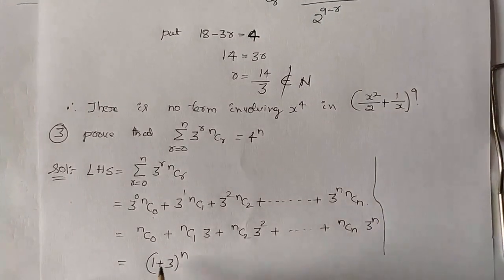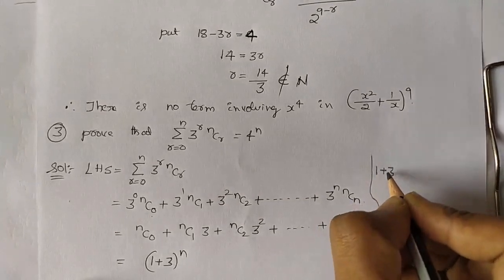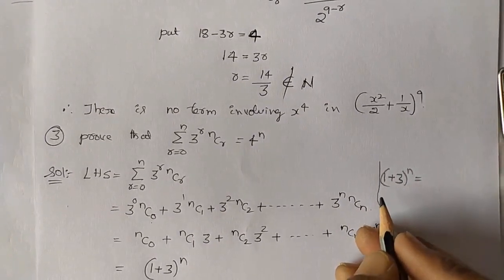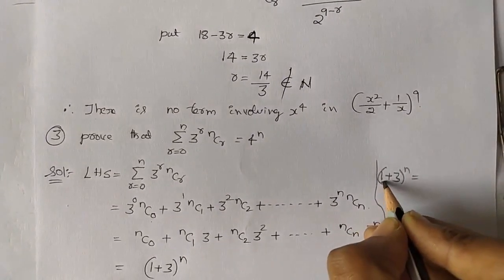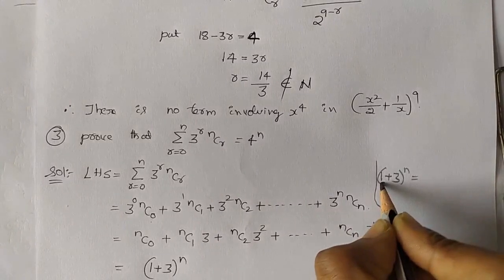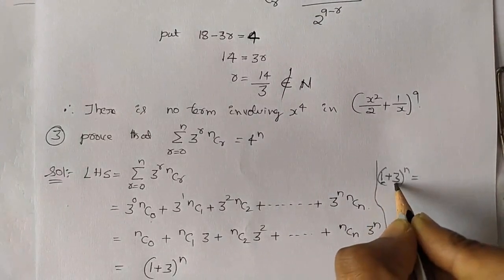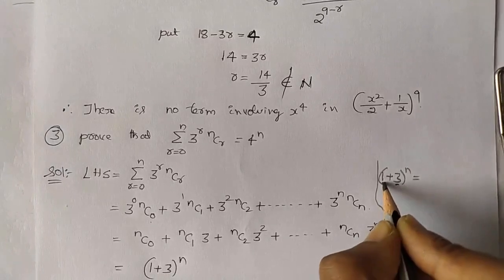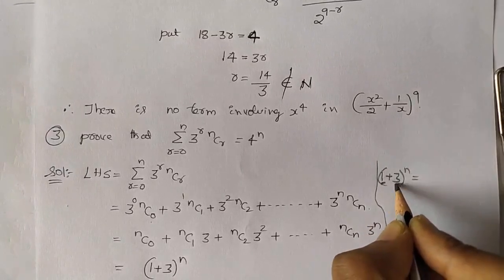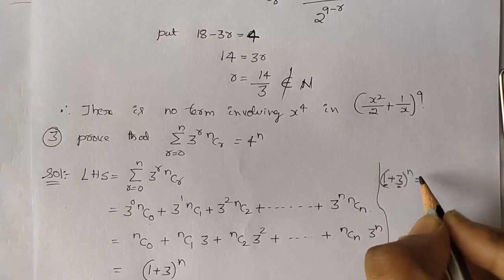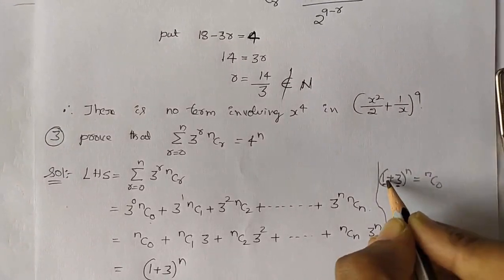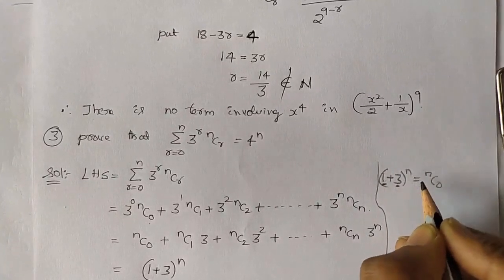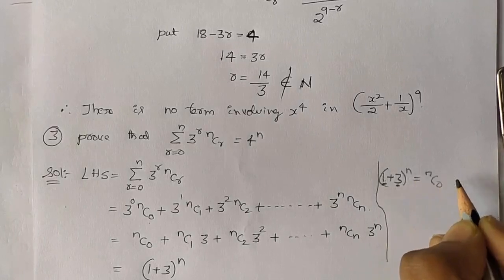Expand this using the binomial theorem: the power of the first term decreases and the power of the second term increases. Now nC0 1 power n is 1, and 3 power 0 is 1.